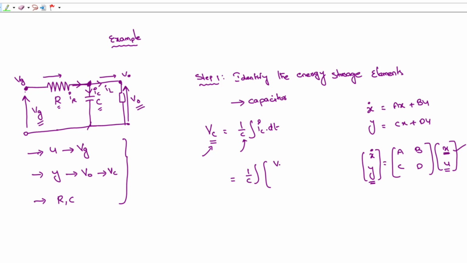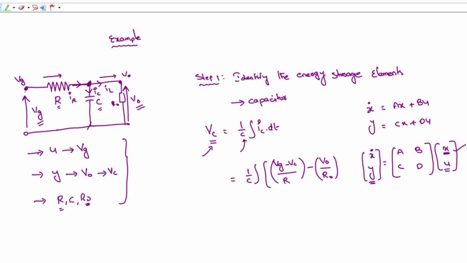IL is equal to, say for example, here the voltage is V0, so V0 by the load resistance, I can say R0, V0 by R0. So this R0 is also called one of the parameters because we are considering it now, because this R0 is just a non-dissipative parameter. If there is an inductor, then things are different.